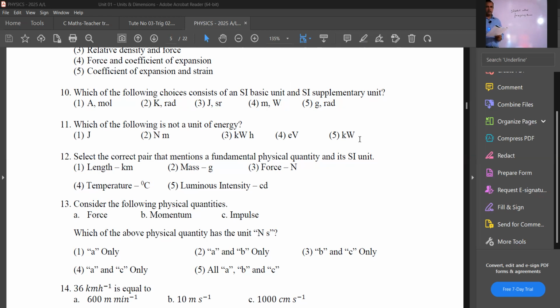Which of the following is not a unit of energy? Unit of energy. What is the answer?